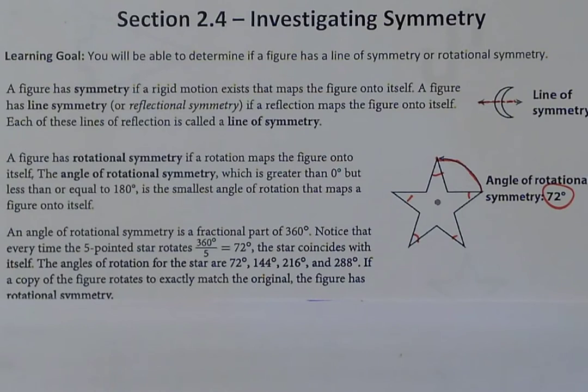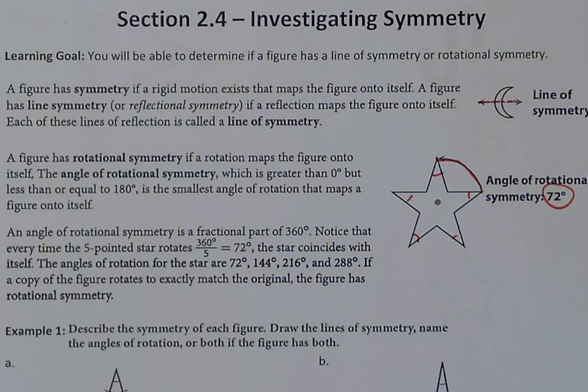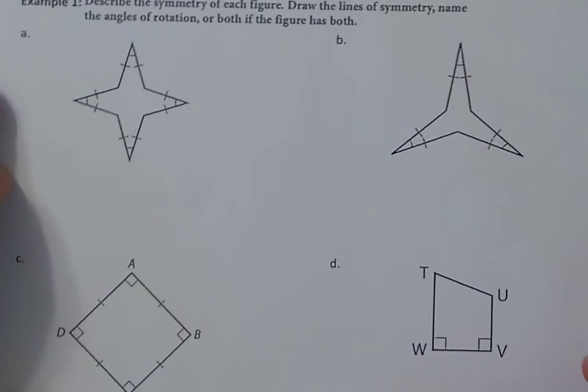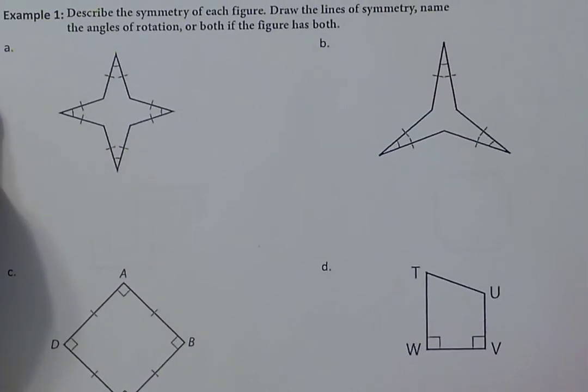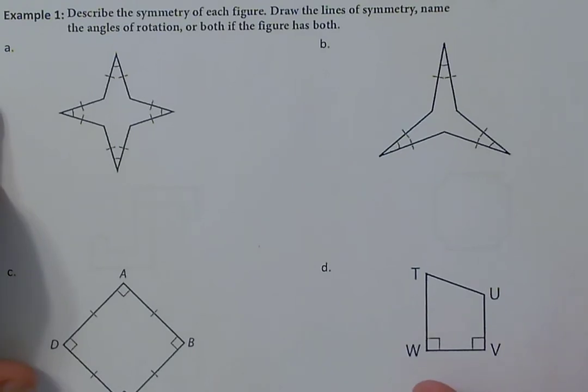All right, so with that said, example 1 for today is the whole set of notes, and it's really just parts A through J. There are a lot of different parts to example 1. It's really just going through and practicing different situations of symmetry. Example 1 is going to ask us to describe the symmetry of each figure.